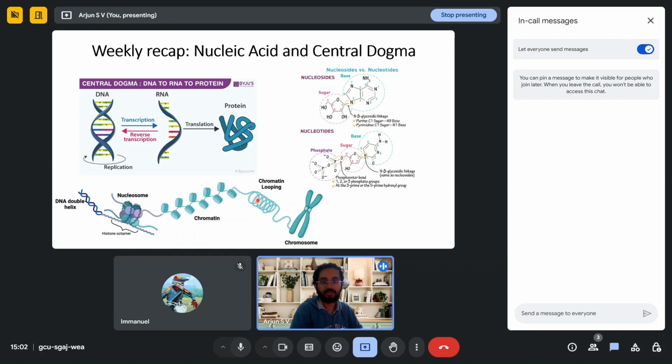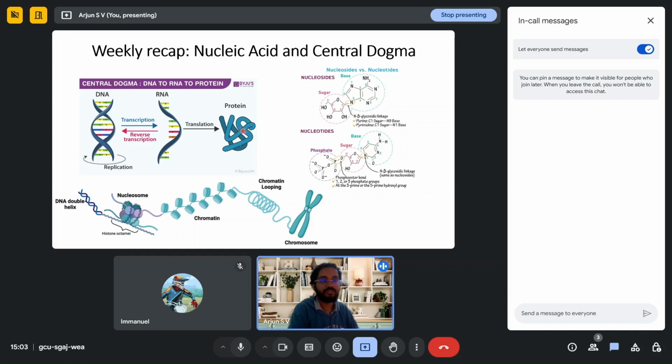He explained how genetic information is stored in DNA, and this DNA can be used to synthesize RNA, which in turn can be used to synthesize proteins, which forms the central dogma, where DNA, RNA, and proteins are used at different stages for different purposes. DNA is used for storing genetic information in living organisms, while amino acids are combined together to form proteins, and proteins are used to perform metabolic functions in our body.